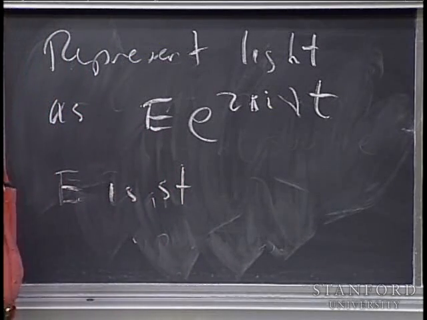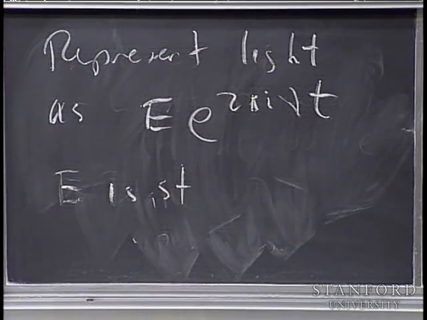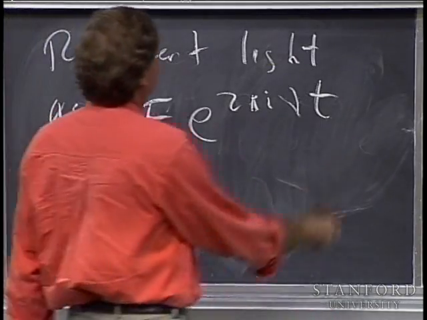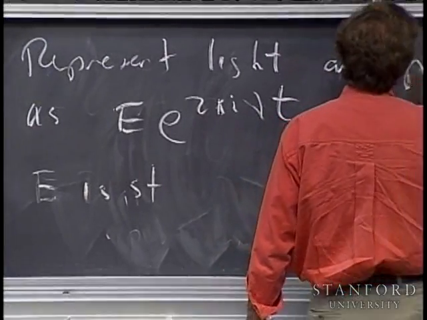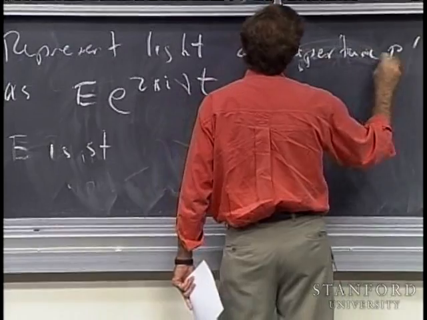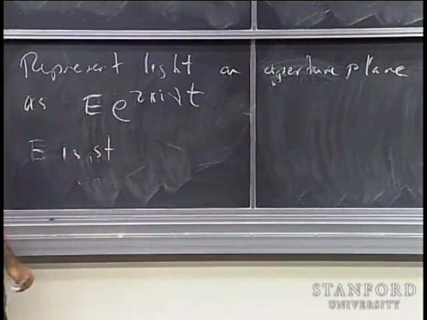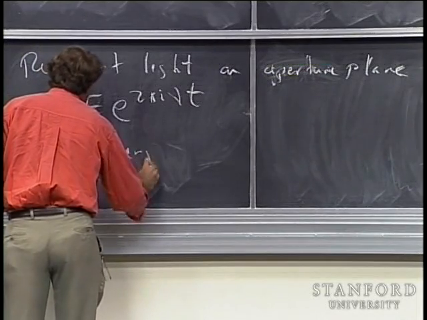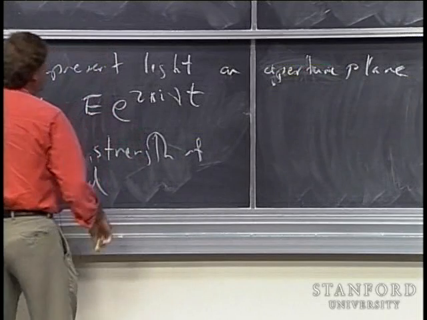And this is the light not at the source, but the light on the aperture plane, as E e to the 2 pi i nu t. So E is the strength of the field, and nu is the frequency.